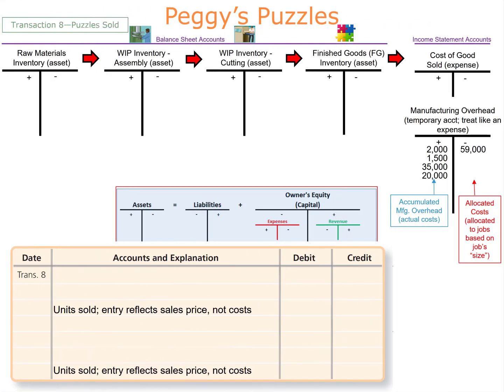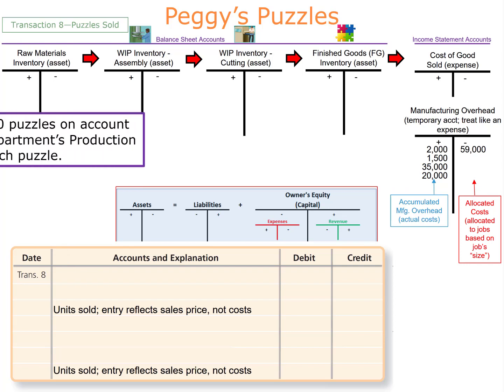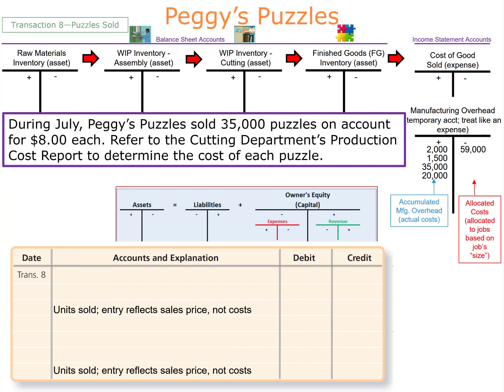Next is transaction 8. We finally get to sell puzzles. During July, Peggy's Puzzles sold 35,000 puzzles on account for $8 each. Refer to the cutting department's production cost report to determine the cost of each puzzle.